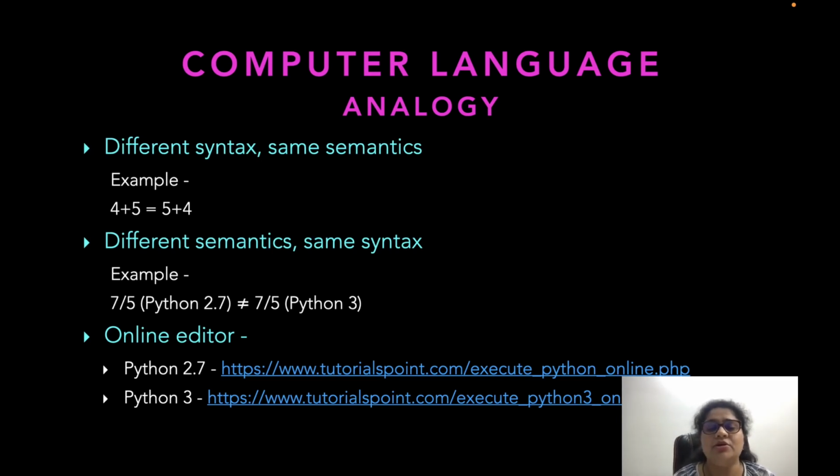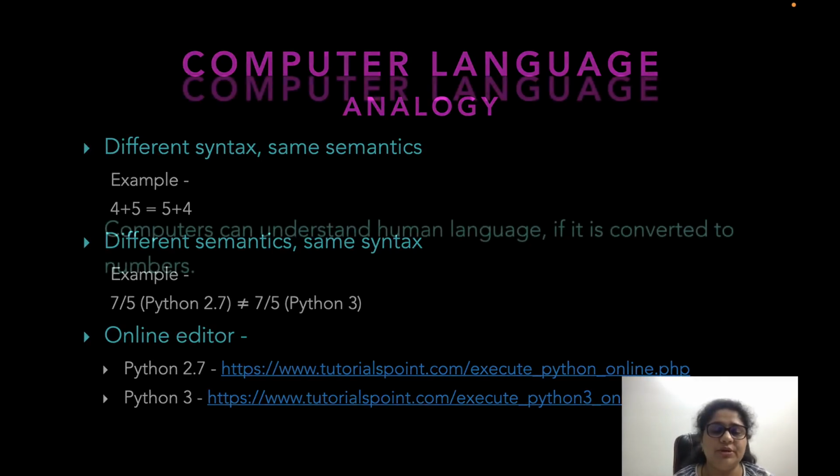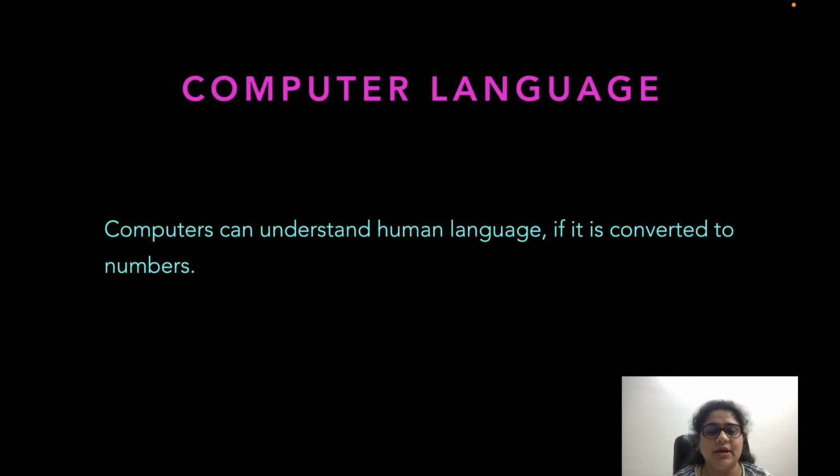All right. So from here, we'll move towards the next slide. So here what we are talking about, computers can understand human language if it is converted to numbers. So this is what we were discussing till now, right? Human language is very complex for computer to understand. So for computer, human language has to be converted to numbers, then only computer can understand human language, right?